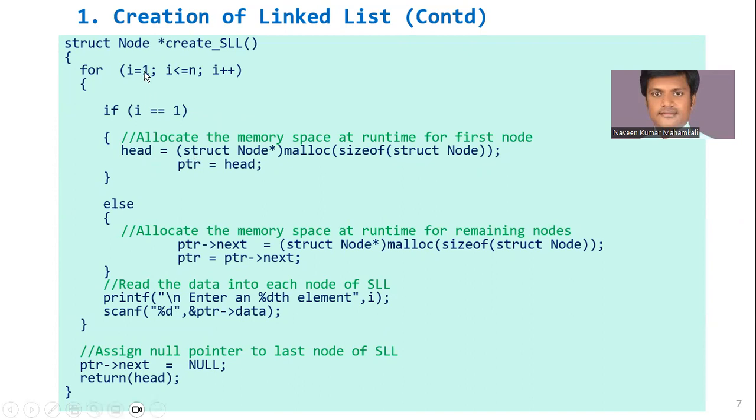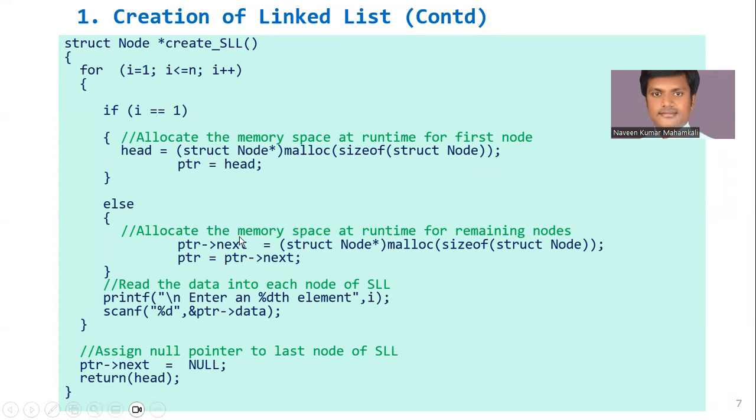If i equal to 2, this condition is false, so the else part will be executed. We create another node and store it in ptr next, which means the first node's address part now holds the second node's address.